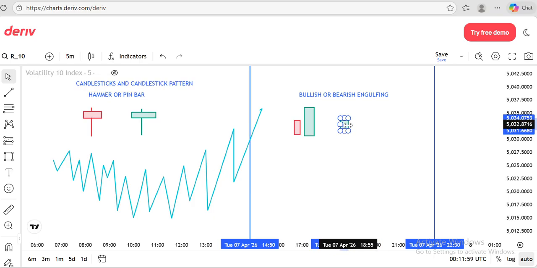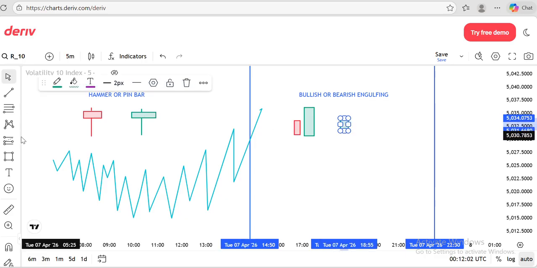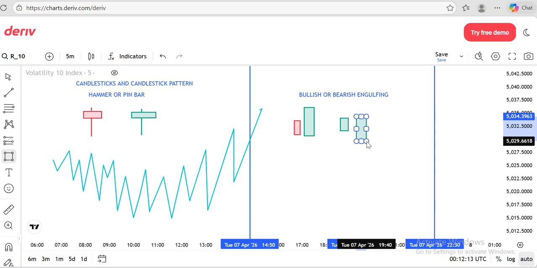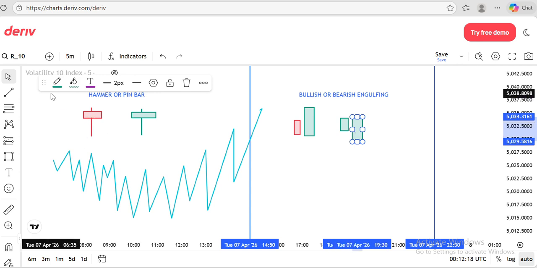Then all of a sudden, at a resistance level or a resistance zone or a premium zone, you see price do something like this and engulf it. When a bearish candle engulfs the bullish candle at the premium level or resistance zone, we say the market has become bearish engulfing.